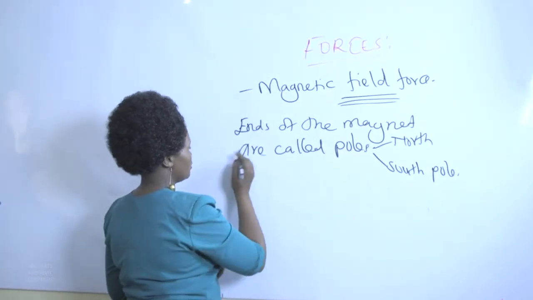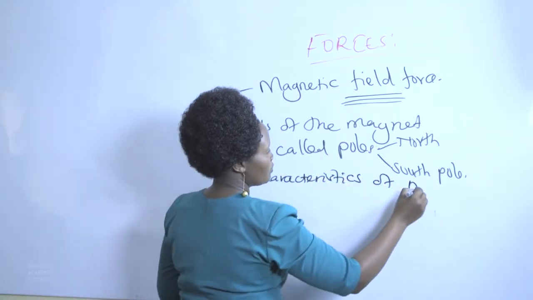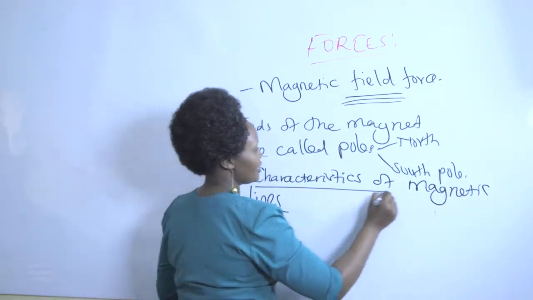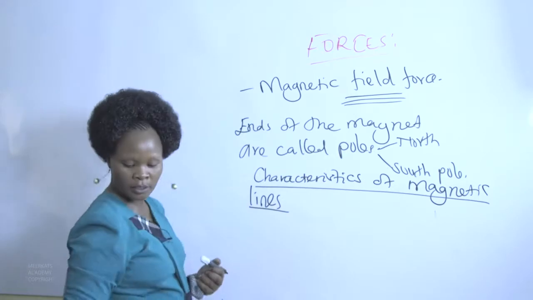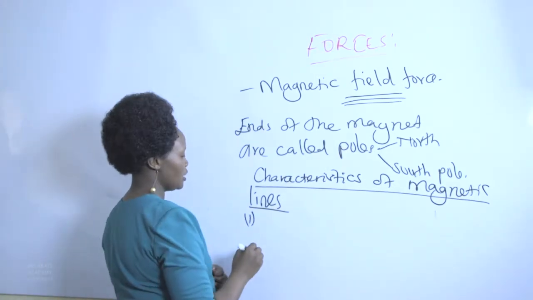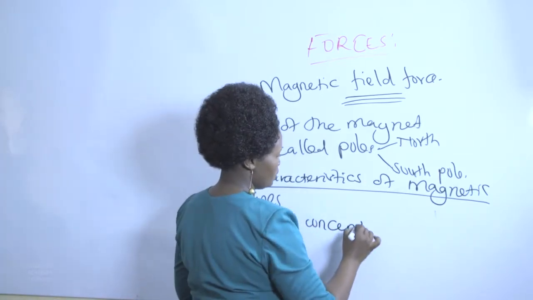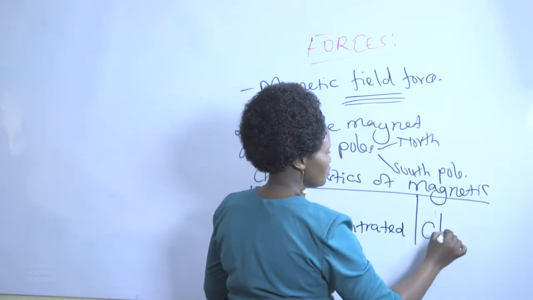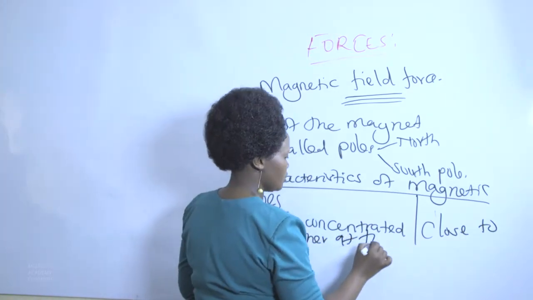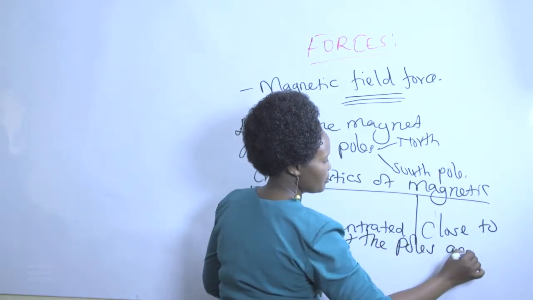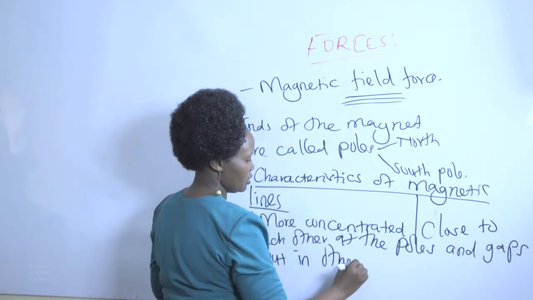Number one is that they are more concentrated, or we can say they are close to each other at the poles and gap out in other regions.